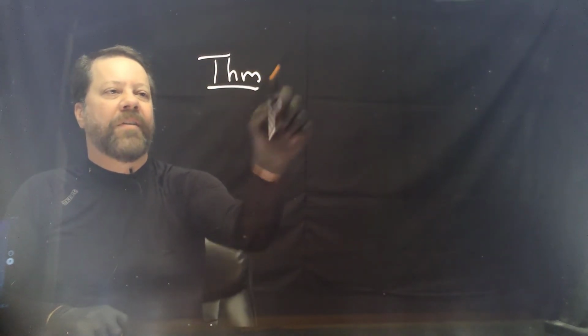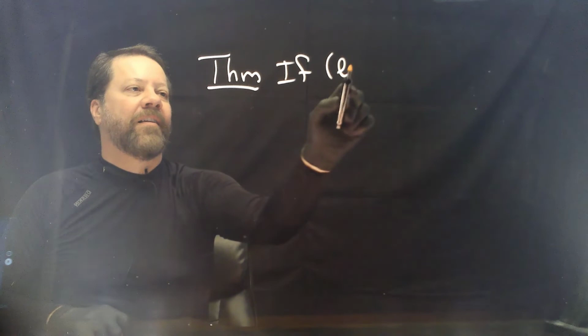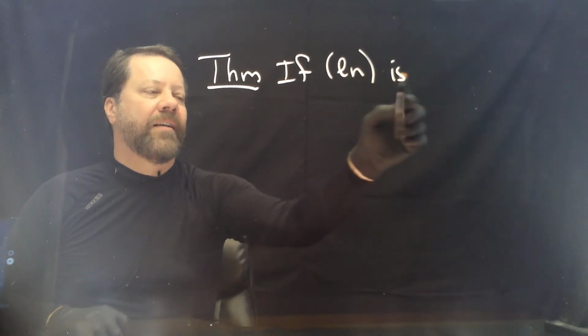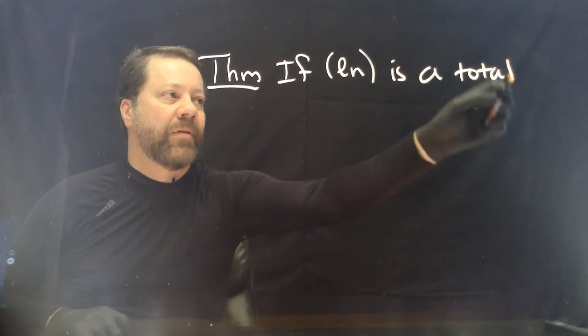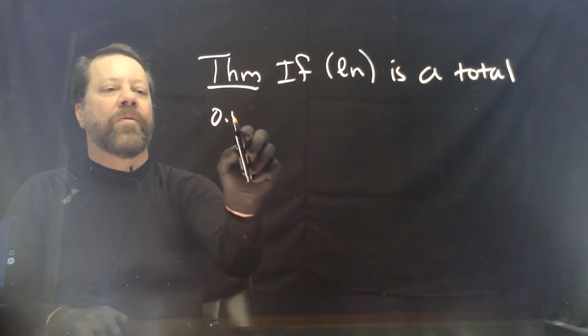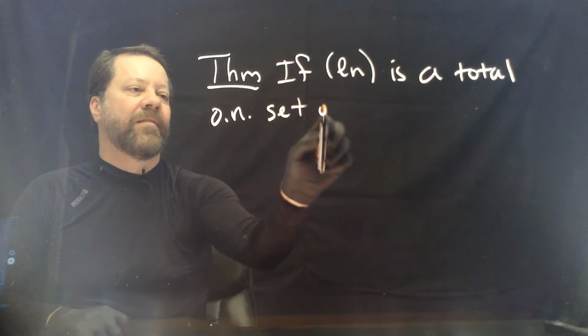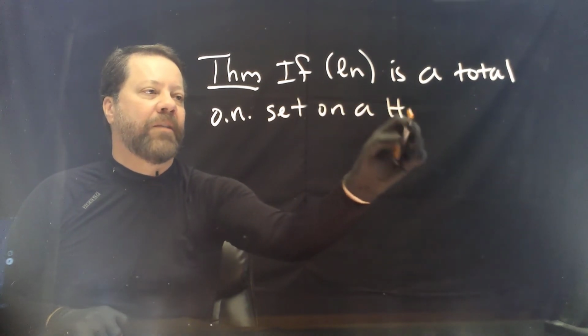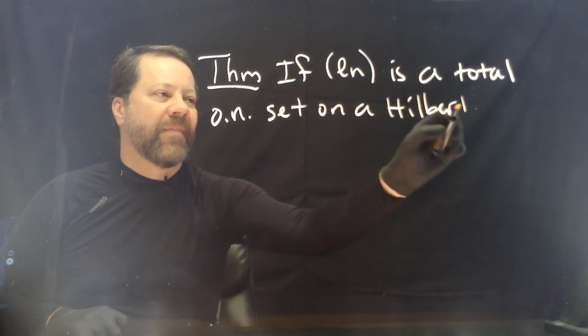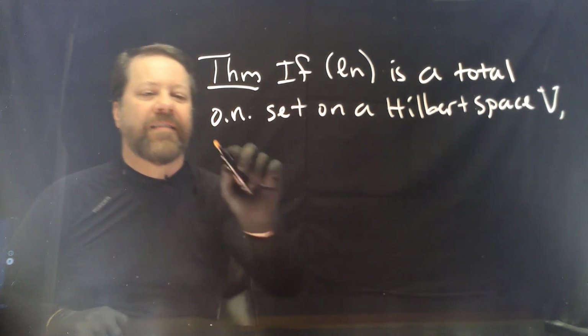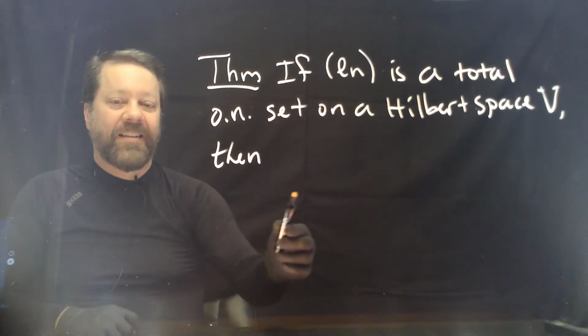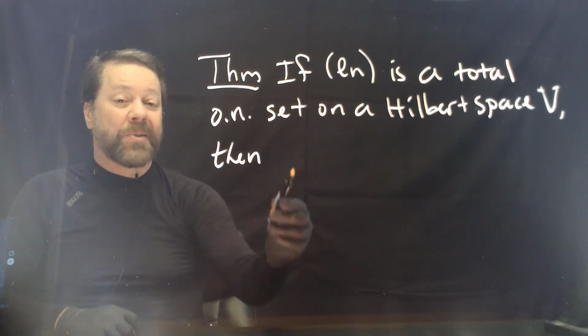The important theorem is that if this is a total orthonormal set on a Hilbert space V, you get something better than Bessel's inequality.